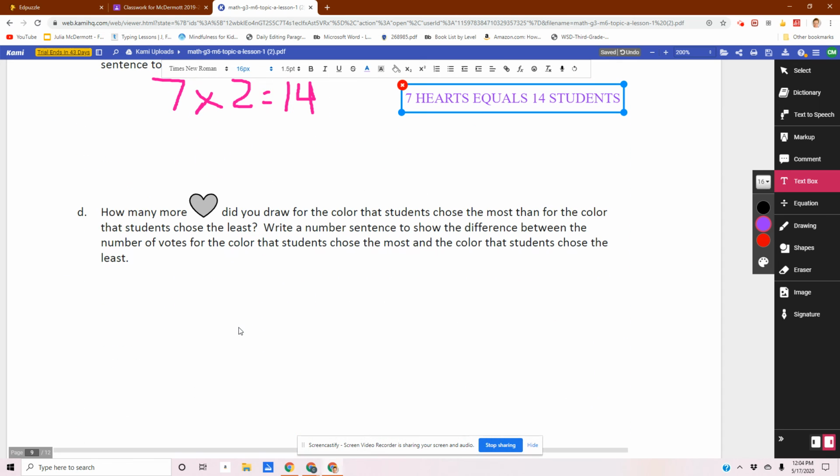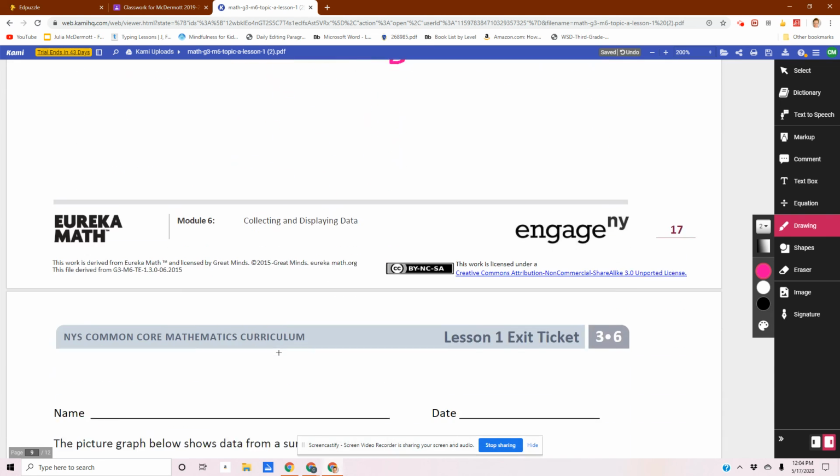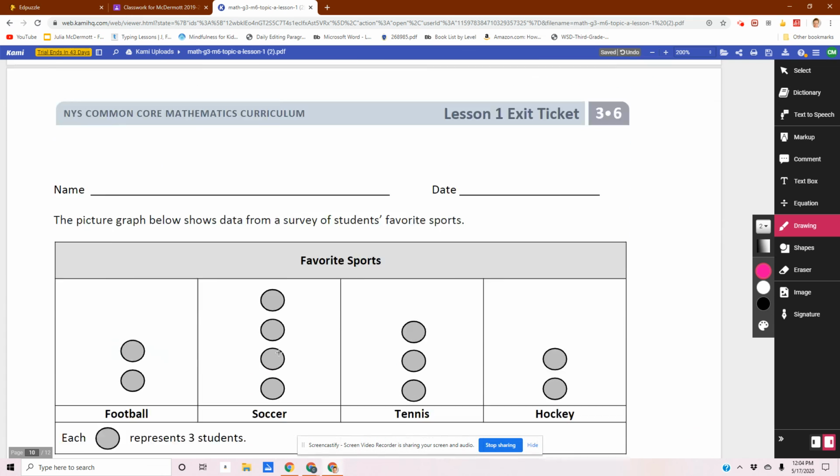So I would just create a number sentence, or let's say I have 5 was the most minus 1/2, and the difference between 5 and 1/2 is 4.5, because it's only 1/2 difference. And then I could write a number sentence to show the difference between the number of votes for the color the students chose the most and the students that chose the least. How many more hearts did you draw? The number sentence. Okay, that's good enough for that one. Okay, and that's it.